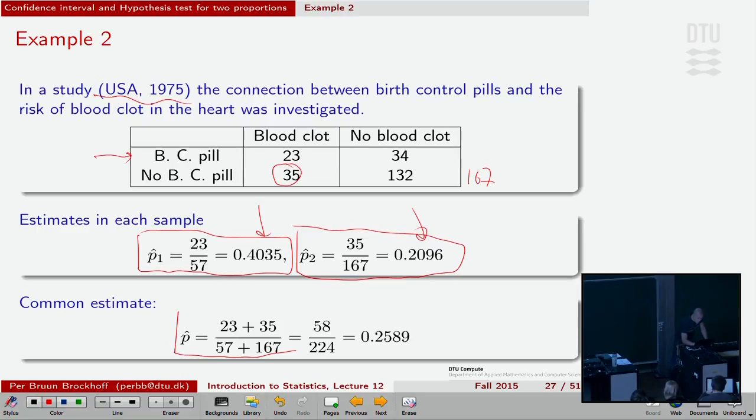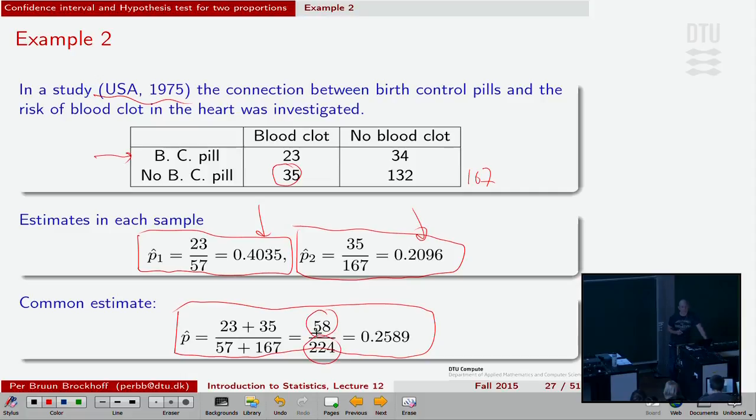Well, if I were to use my formulas that I just showed you, I could first of all find the common P. Let me just look at that. What's the common P? That's the overall percentage, the overall risk in this patient group. I count all of them and all of them, right?